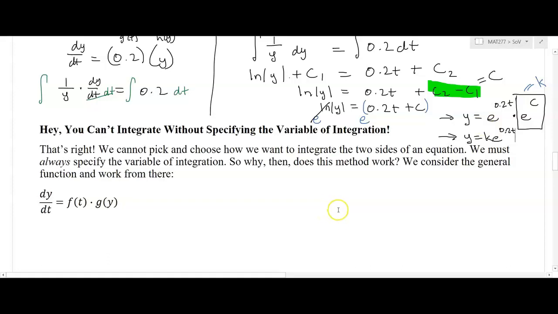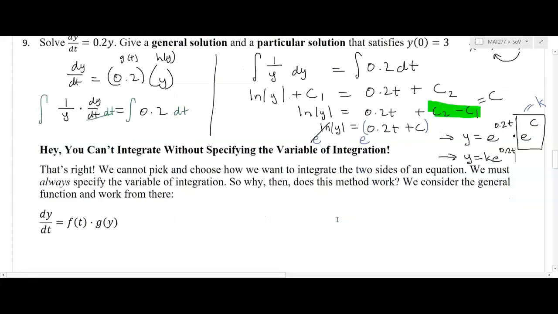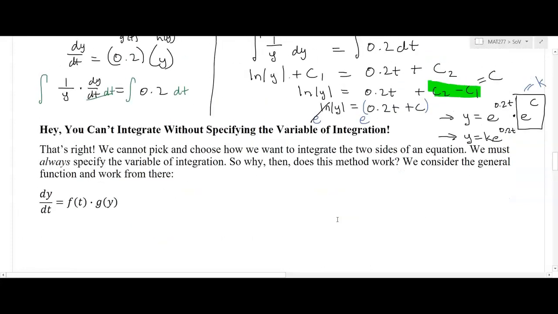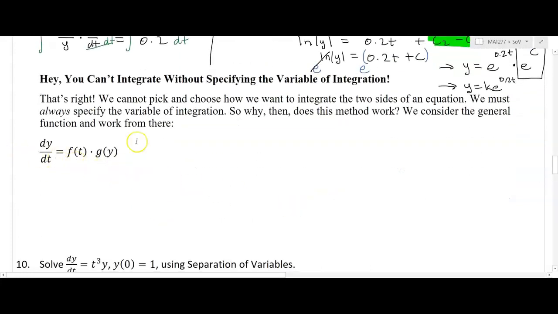Okay, so that's really how the technique works. It always works the same way. The one thing to think about, though, is some people will want to do this. And this is what a lot of tutorials will show you, is what they'll do is they will separate the dy and the dt. They'll do something like this. They'll say dy equals your function of t times your function of g.